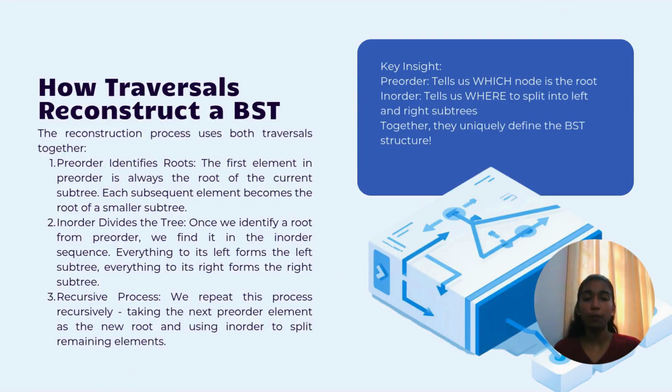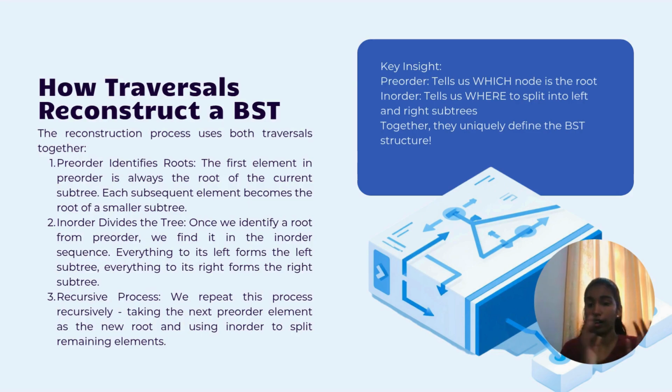Now we come to the main concept of today's presentation. How do traversals help reconstruct a BST? The answer is simple. The first element in a pre-order traversal is always the root node. Then we locate that root inside the in-order traversal. Everything on the left side belongs to the left subtree.